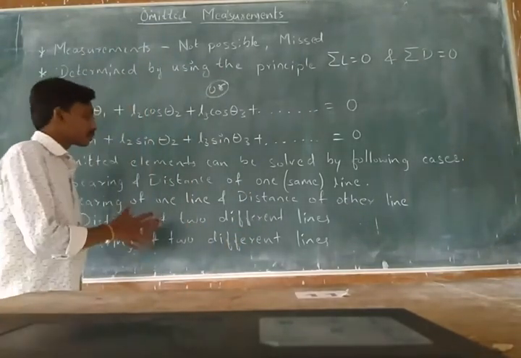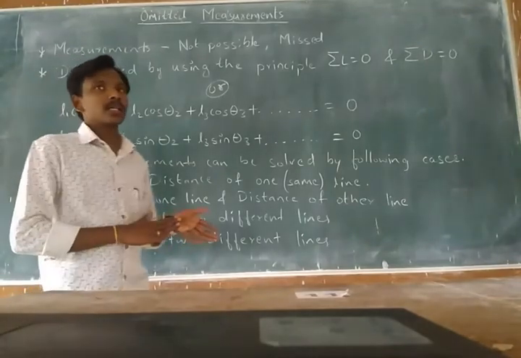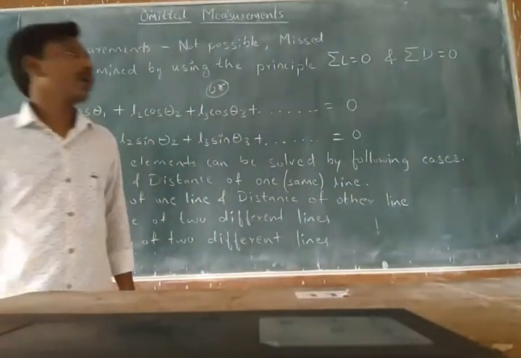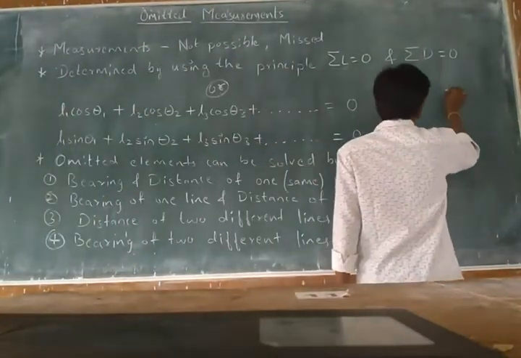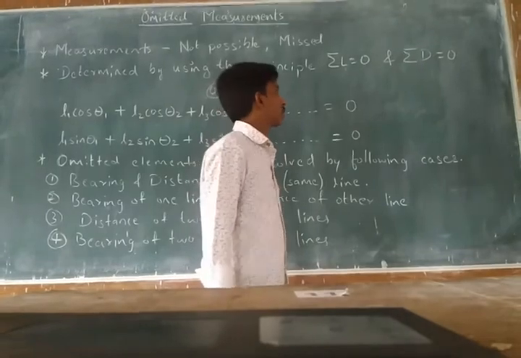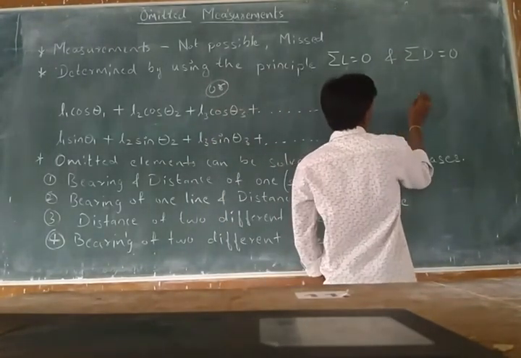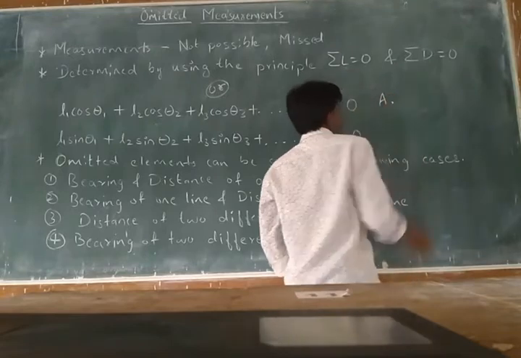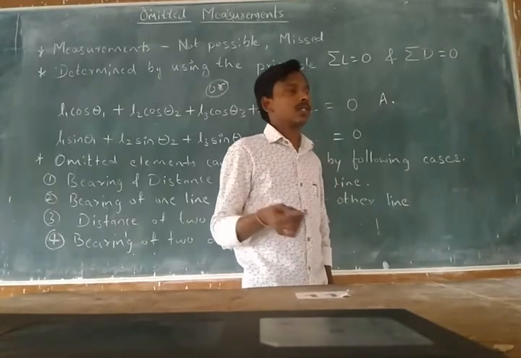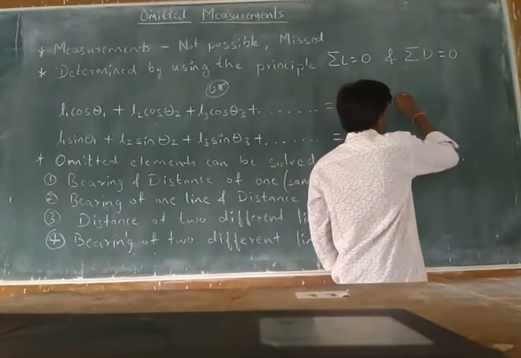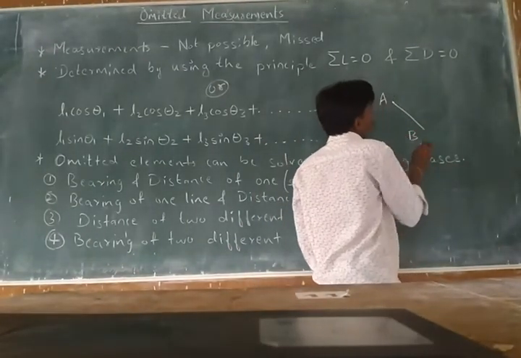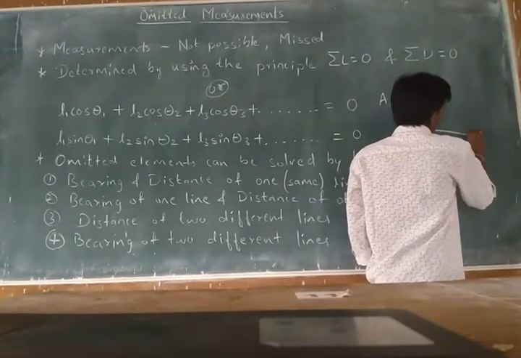So here you can see, in practical conditions, sometimes in the field when you are surveying, if I am going to conduct a traverse survey, you start from the first point A and move in a clockwise direction. The next station will be B and the immediate next station will be C, somewhere here.